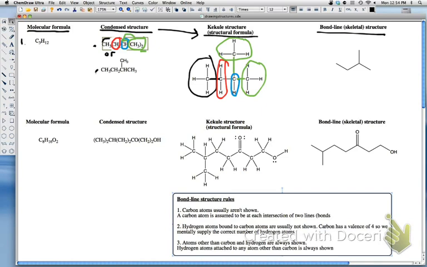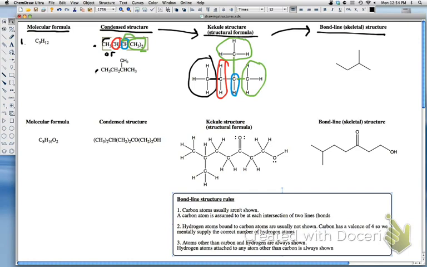Now I want to discuss how we go from the Kekulé structure to the bond line structure. The bond line or skeletal structure is the most commonly used structure, and we make a couple of assumptions. The problem with the Kekulé structure is it simply takes too long to draw. It's not necessary to draw all of the carbon atoms and all of the hydrogen atoms.